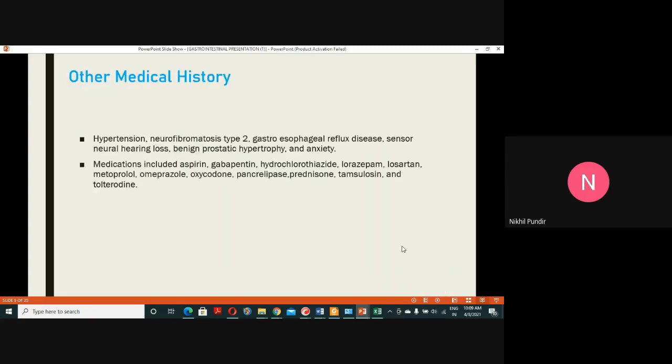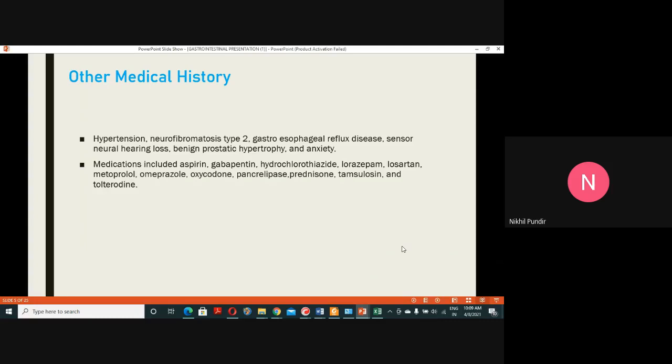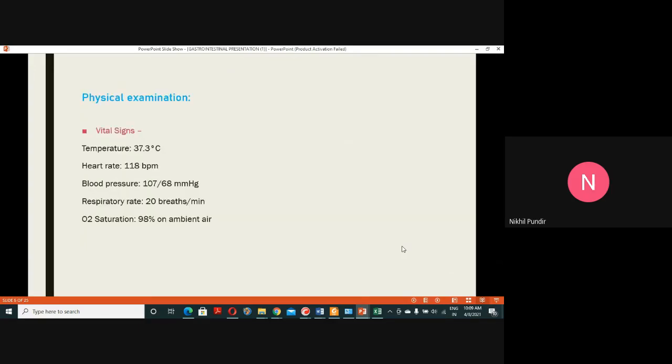The patient also has other medical history: hypertension, neurofibromatosis type 2, gastroesophageal reflux disease, sensorineural hearing loss, benign prostatic hypertrophy, and anxiety. The medications he was on were aspirin, gabapentin, hydrochlorothiazide, lorazepam, losartan, metoprolol, omeprazole, oxycodone, pancrelipase, prednisone, tamsulosin, and tolterodine. These are some physical examination vital signs over here.